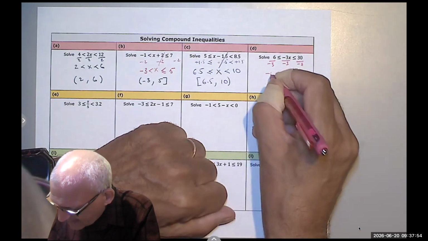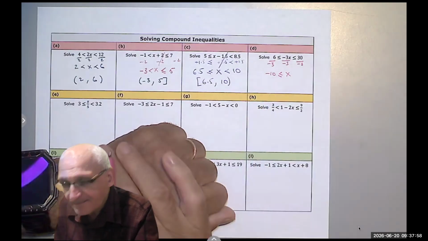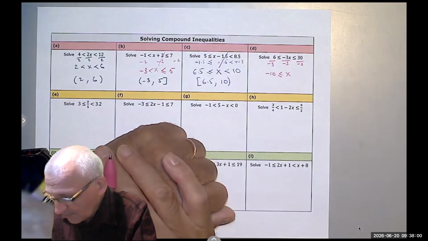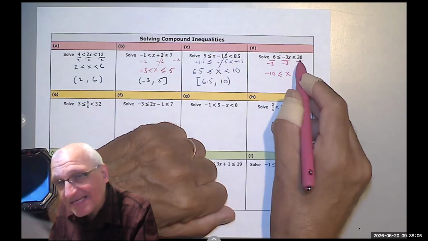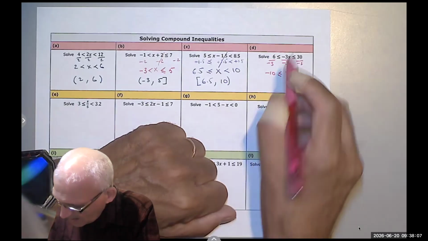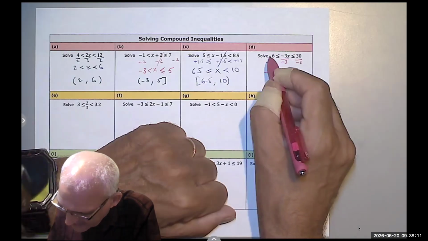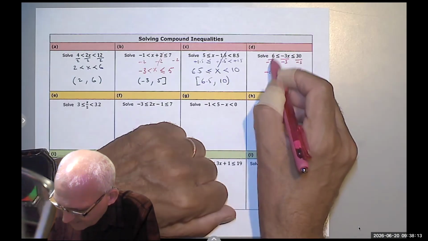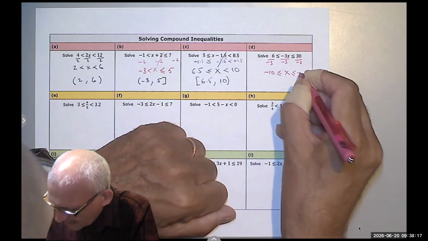So negative 10 is less than or equal to x. Okay, so x now is greater than something, while here the negative 3x was less than something. The negative 3x, or now the x, is greater than or equal to 6 over negative 3, which is negative 2. Now x is less than or equal to negative 2.